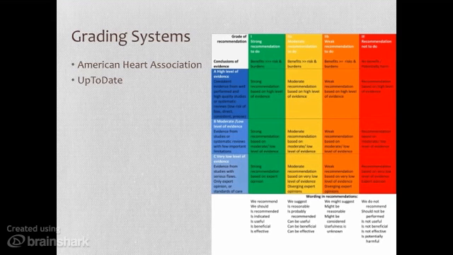All providers are trying to evaluate the usefulness of clinical data and recommendations. These are two examples of grading systems that are in place to help providers grade the evidence presented. The American Heart Association started publishing the grading of their CPR and advanced life support recommendations a few years ago.